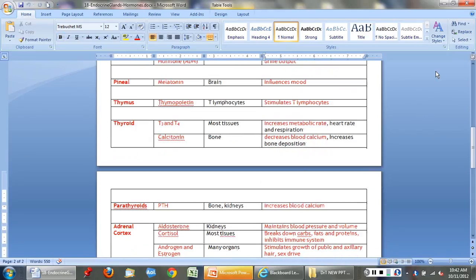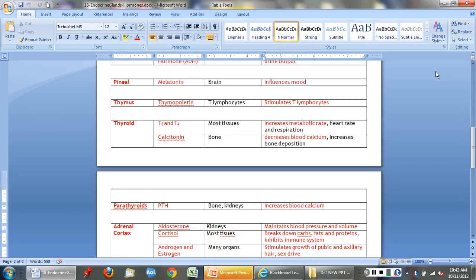And we talked about thyroid. So you've heard of people who have thyroid problems. Usually they have gained weight or lost weight. It depends on what the thyroid hormones are doing or not doing. It increases metabolic rate. So if you have an increase in thyroid hormones, T3 and T4, then you expect the person to what?